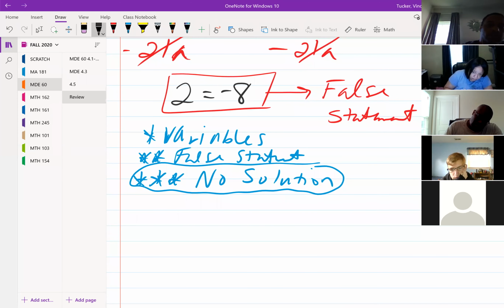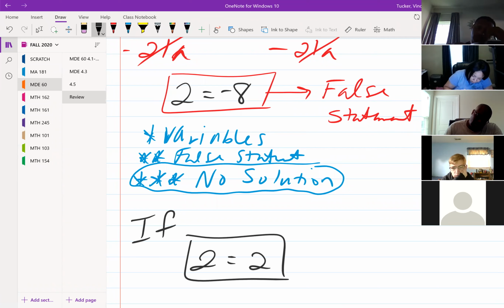And just to explore the other side of that, let's say you came down and had 2 equal to 2, or negative 8 equal to negative 8, or 0 equal to 0. In other words, you would have had your true statement.